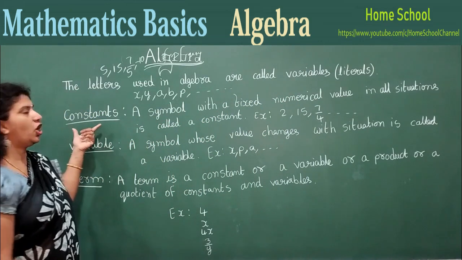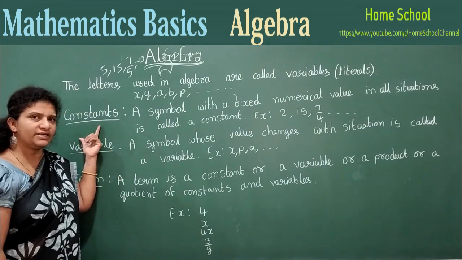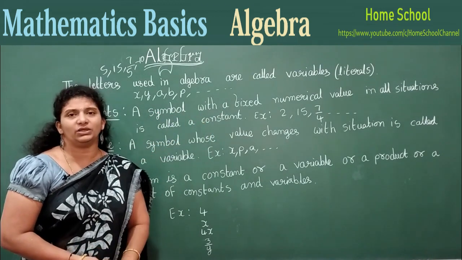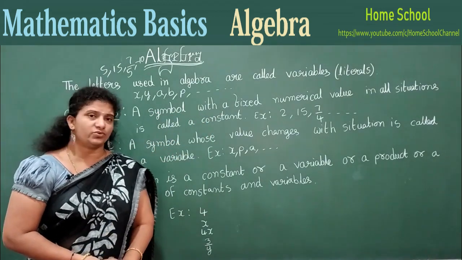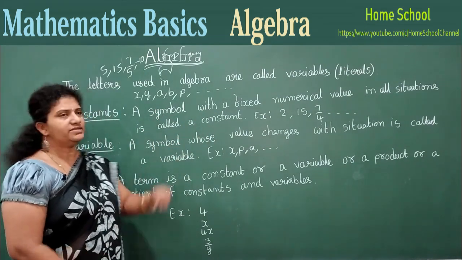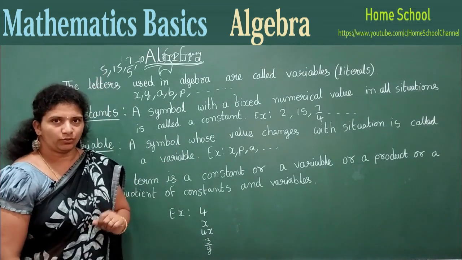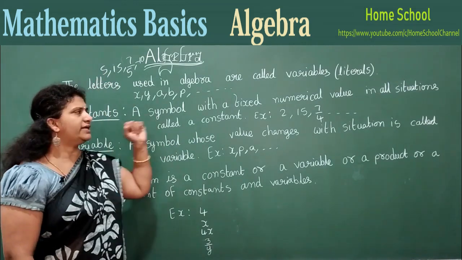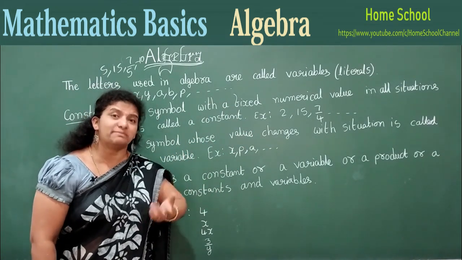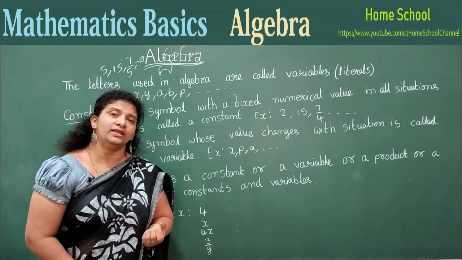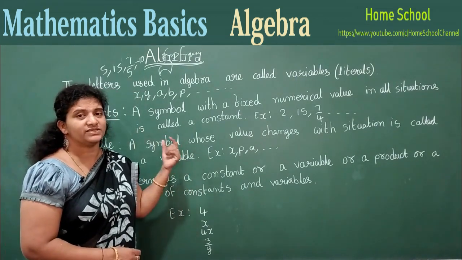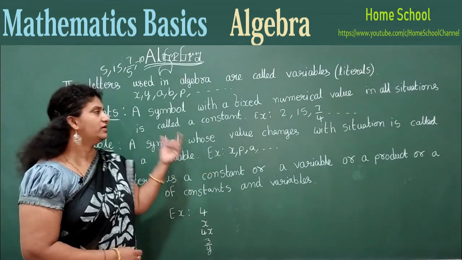Let's see here. Constant. What is a constant? It is a symbol with a fixed numerical value in all situations. A constant is nothing but an arithmetic number, as you can see here. What is a number? It is one of the symbols, a representation of symbols in mathematics.